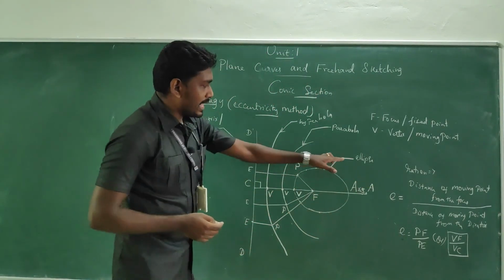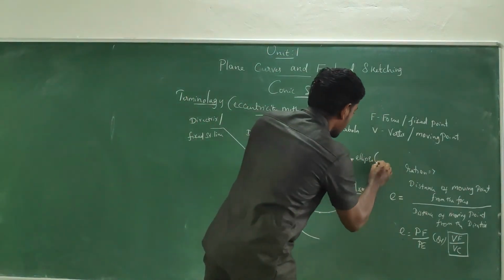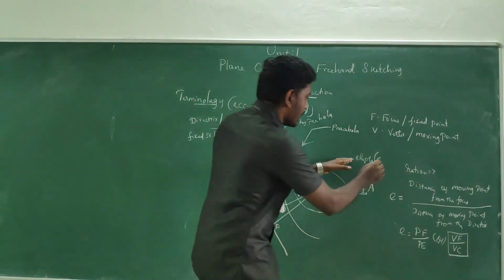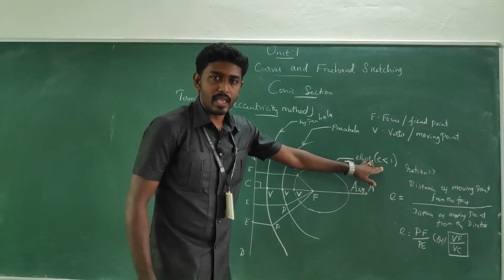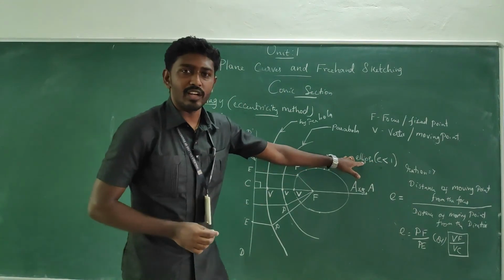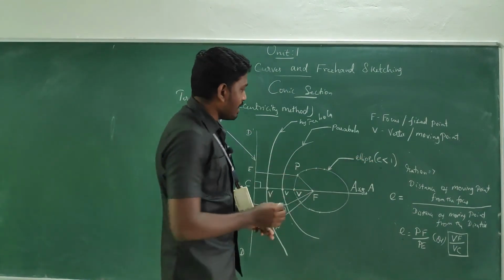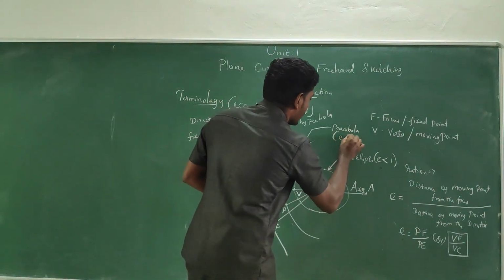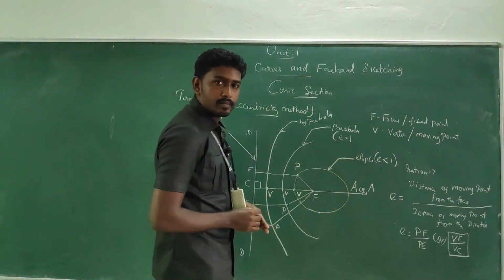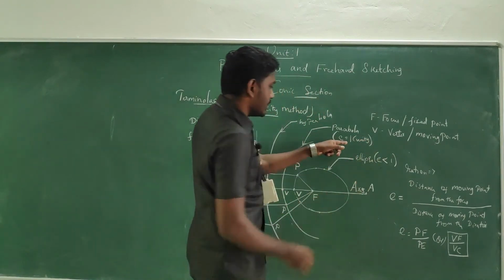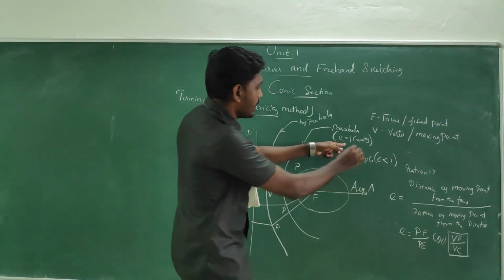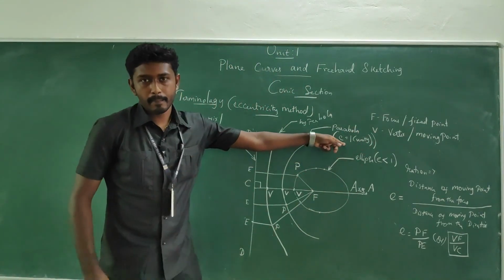So for the ellipse, the eccentricity is less than 1. If the value of eccentricity is less than 1, we call it an ellipse, and if the eccentricity value is equal to 1, which is called unity, then we say it is a parabola.